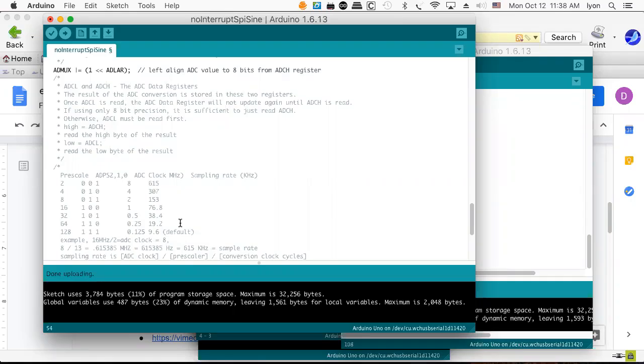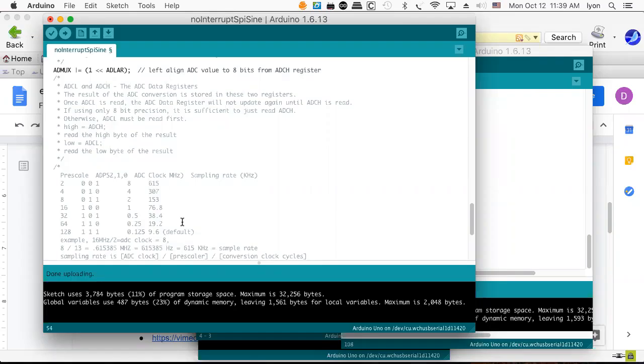16,000 divided by 104 gives me, no, that's not right. What is the frequency for 104 microseconds? 104 microseconds is 104 times 10 to the minus 6 seconds, right? Raise that to the minus 1 power, and it gives you 9,615 hertz, which is 9.6 kilohertz.